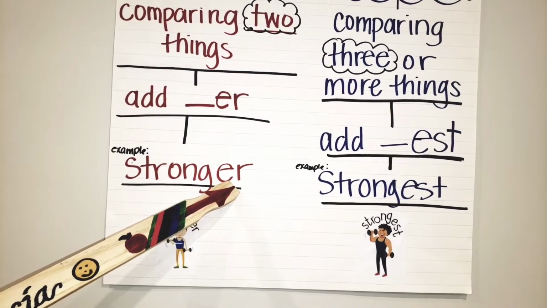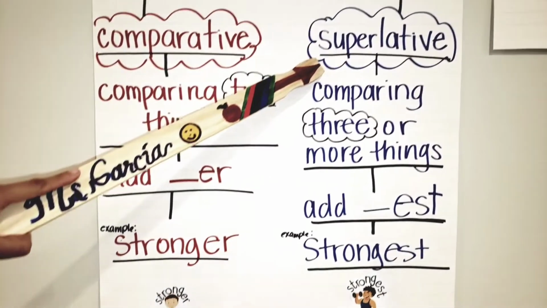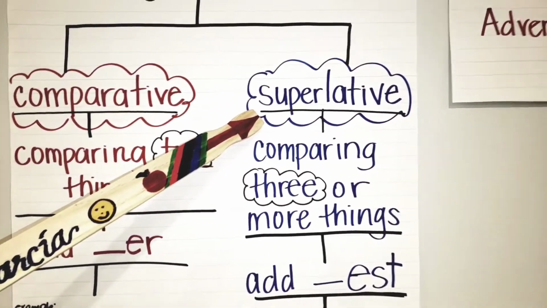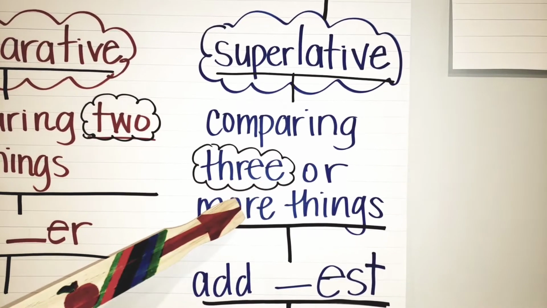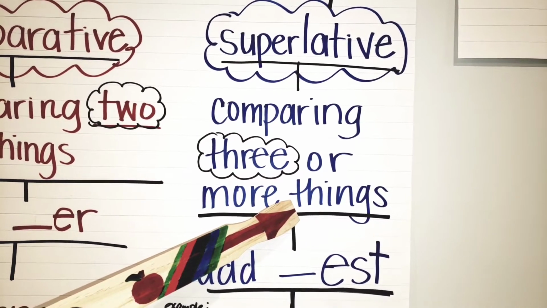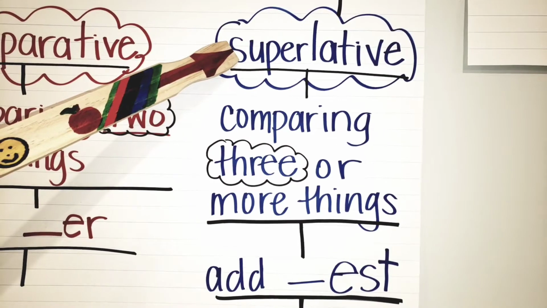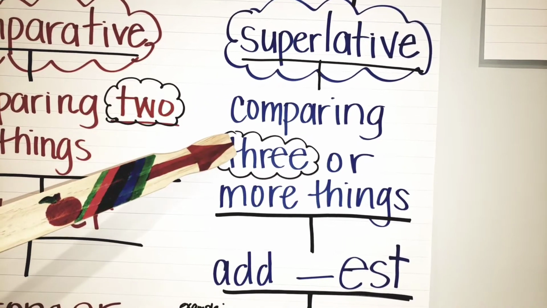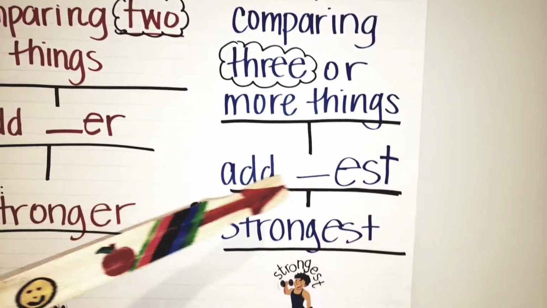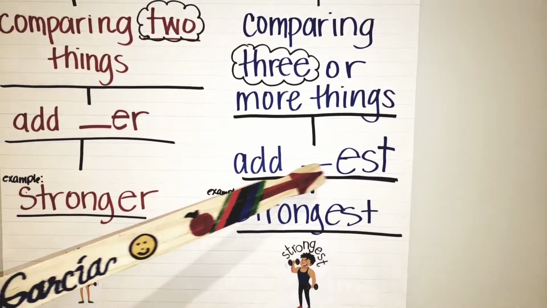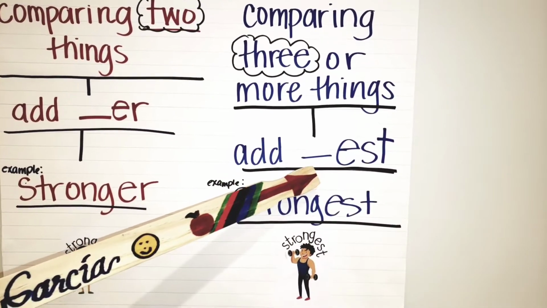Now let's look at superlative. A superlative is when you compare three or more things. Let's review that again. A superlative is when you compare three or more things. And that usually ends in EST, like the word best.